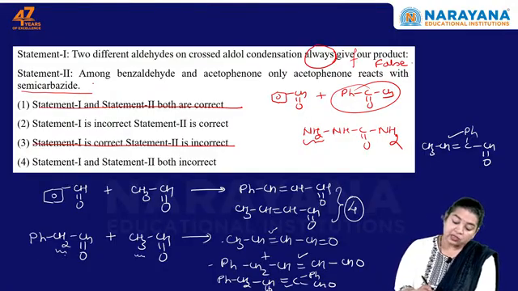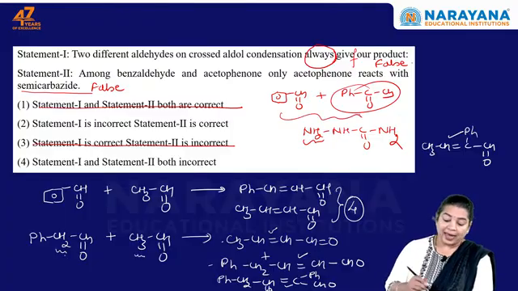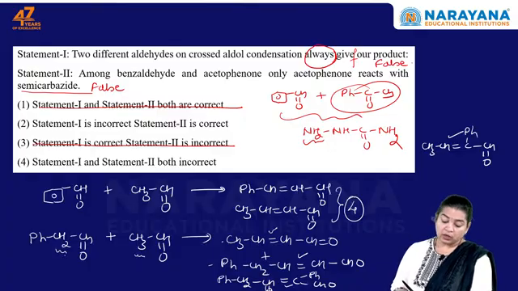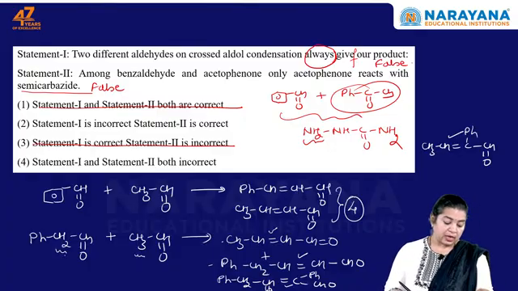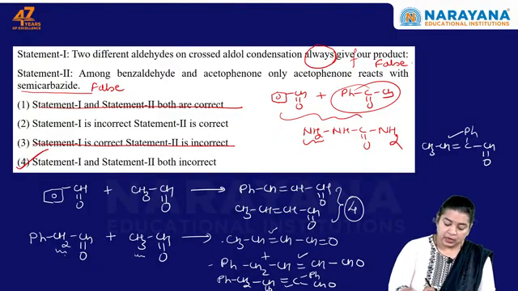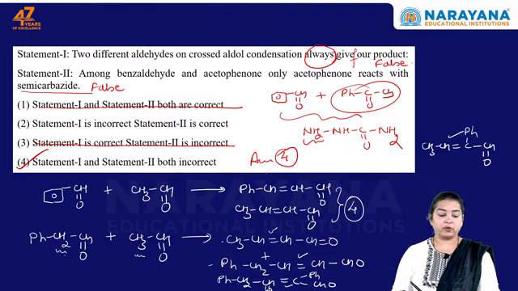So again it is an untrue, false statement, because both of them can react with semicarbazide. So the conclusion: both statements are false, and we will mark the answer as 4, right?